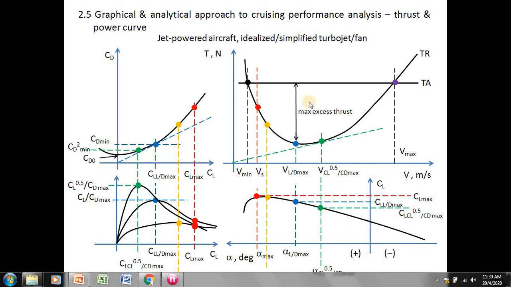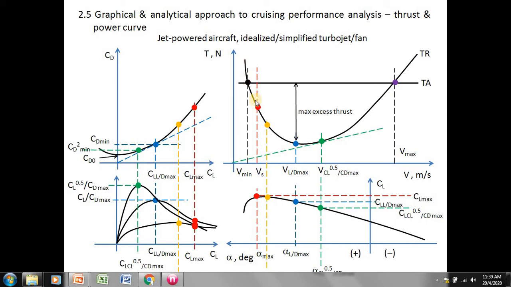Now this thrust versus velocity, or airspeed, graph plot is for a jet powered aircraft, assuming an idealized or simplified turbojet or turbofan.